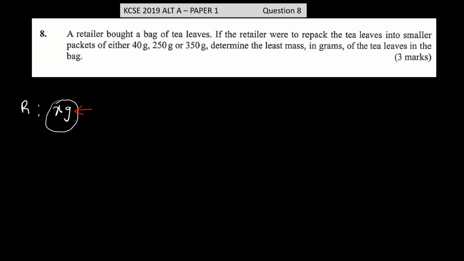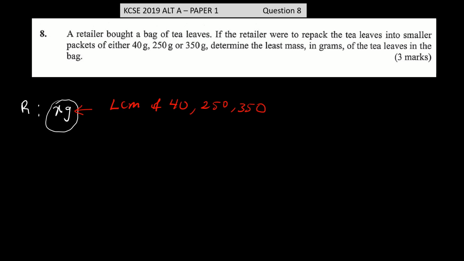We are looking for that number whereby if you divide it by 40, if you divide it by 250, and we divide it by 350, we are not going to have any remainder, which is simply the LCM of 40, 250, and 350. So the question here is to find the LCM of 40, 250, and 350.